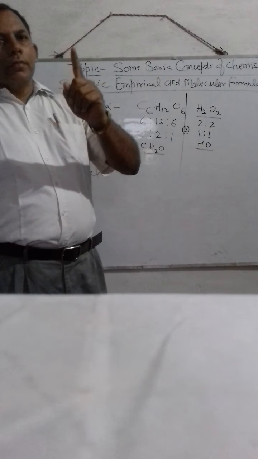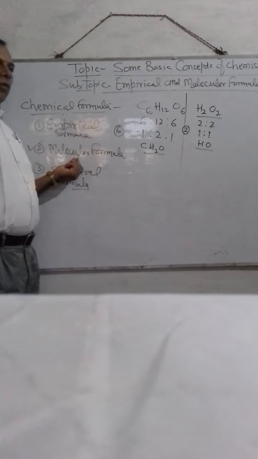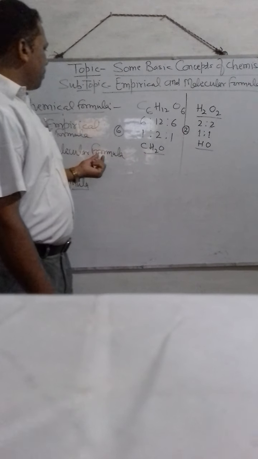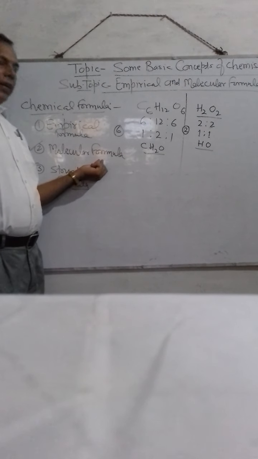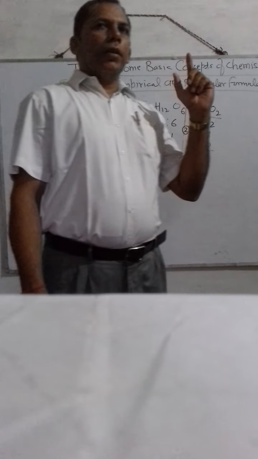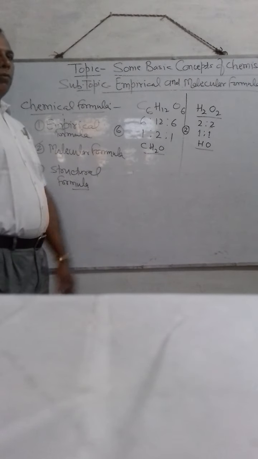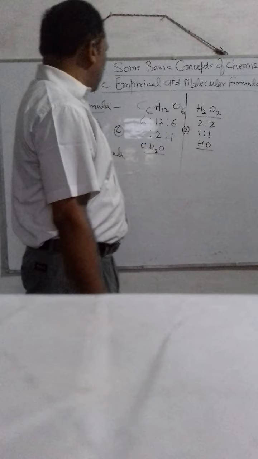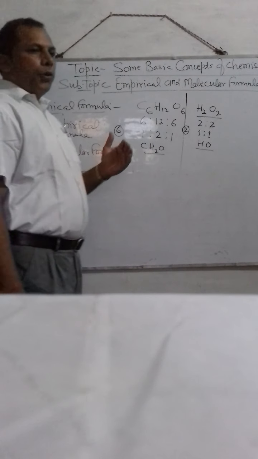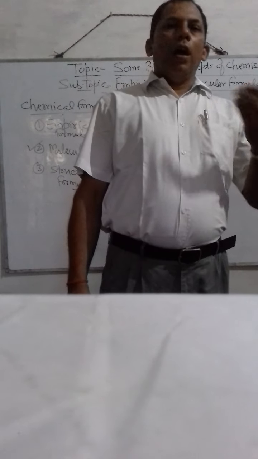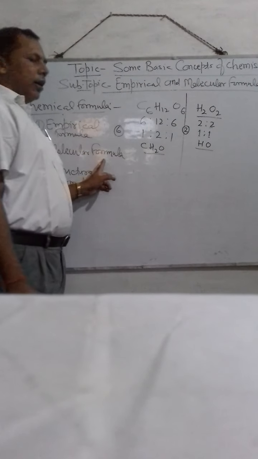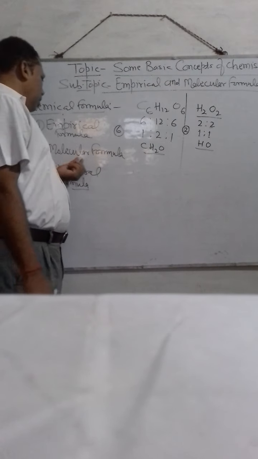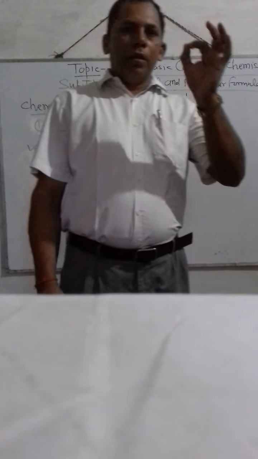Okay, students? In order to express the molecular formula of the compound, there is no need to take out the common factor or multiplying factor. We have to write the actual ratio of the concerned atoms, and that will represent the molecular formula of that compound.